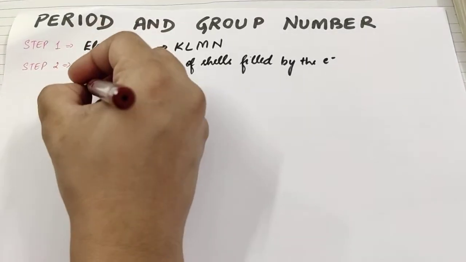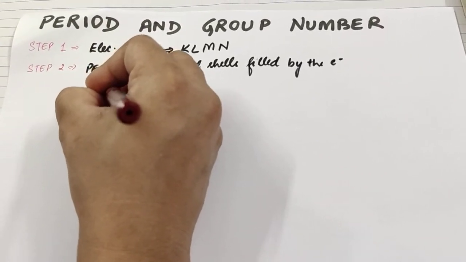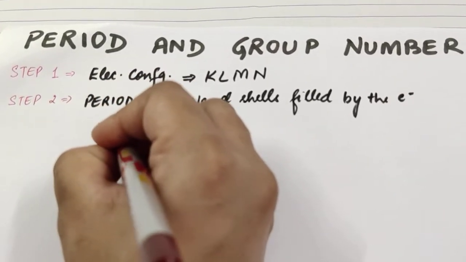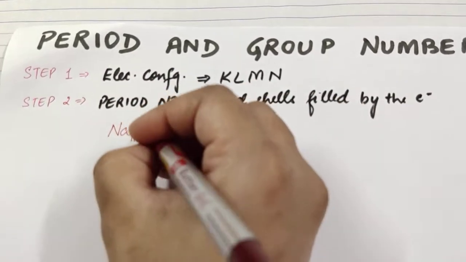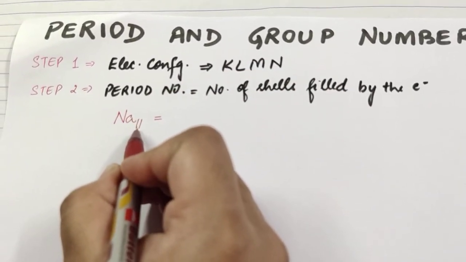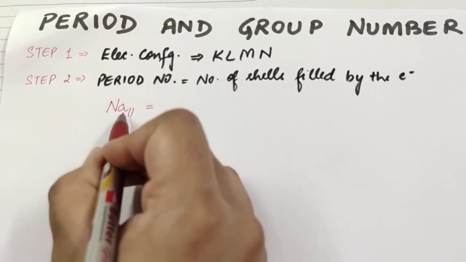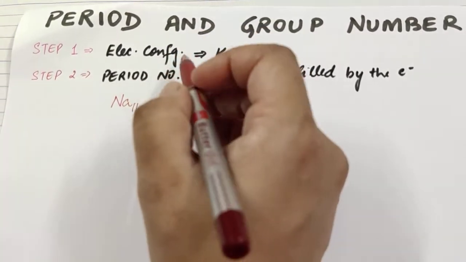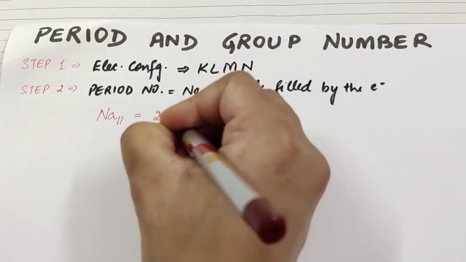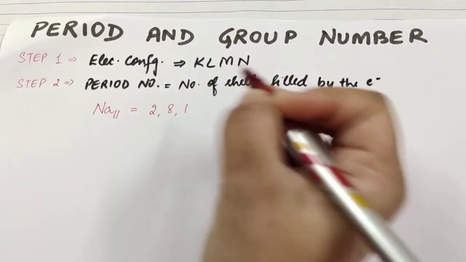For example, we want to know the period number of sodium, Na, and we know that its atomic number is 11, right? So 11 means there are 11 electrons in a sodium atom. If I write its electronic configuration in KLMN format, I get 2, 8, 1.